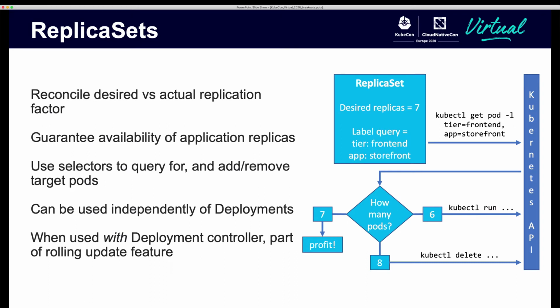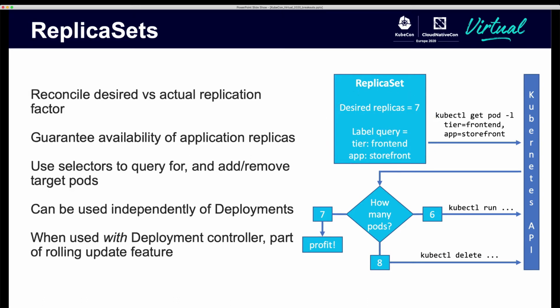So ReplicaSets are a top-level citizen in the Kubernetes API. Their primary job is really to reconcile desired state versus actual replication factor, right? So somewhere on the cluster, there are n number of pods actually deployed, and the ReplicaSet needs to reconcile that. So within the ReplicaSet object here, we see two important things: desired replicas, and then the label query.